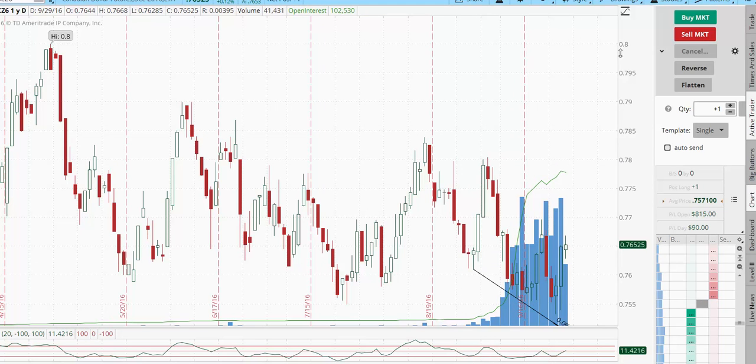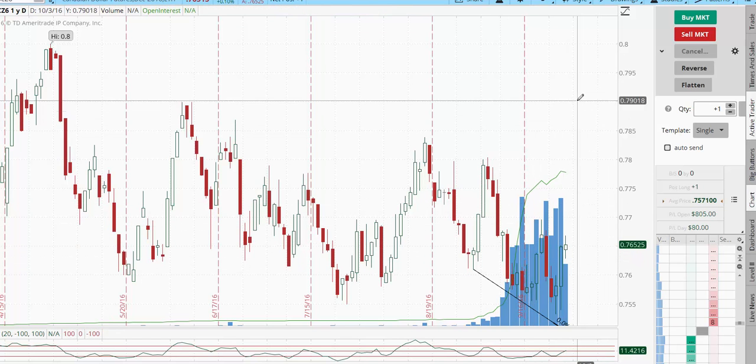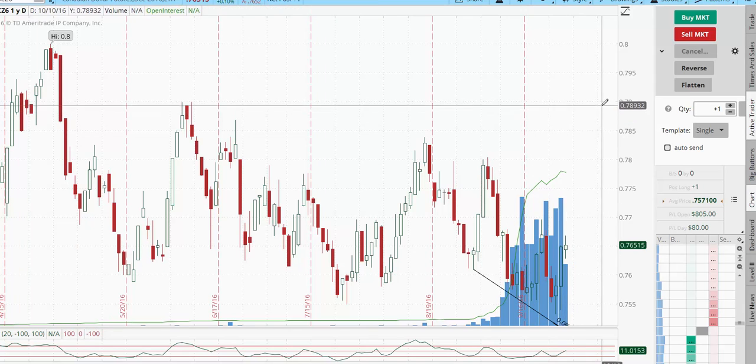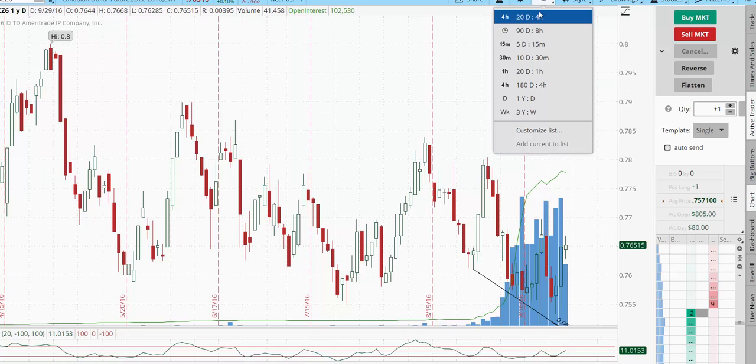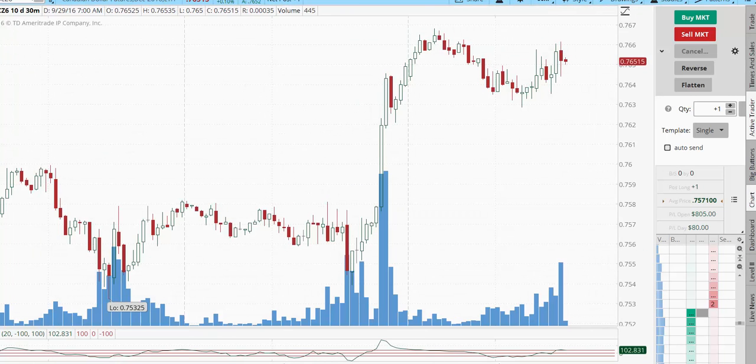That's just a guess, but all in all, still looking at a lot more time that the Canadian dollar has in its movement to the upside. Okay, let's go back to the 30-minute chart.